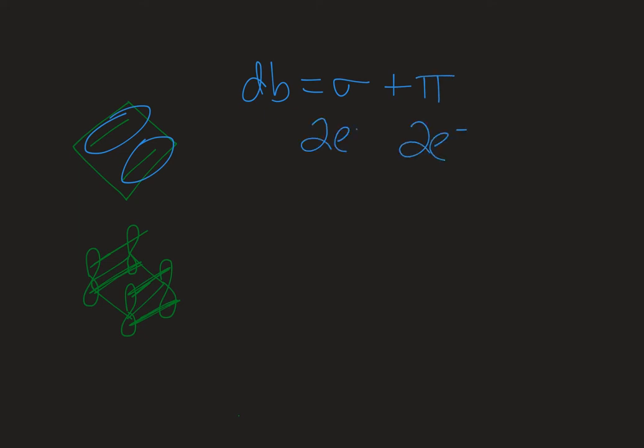characteristics of this molecule. So if we look at the molecule, we have 2 pi bonds in this molecule. So there's 2 double bonds, right? Each double bond consists of a sigma plus a pi bond. And each bond, whether it be sigma or pi, has 2 electrons in it.